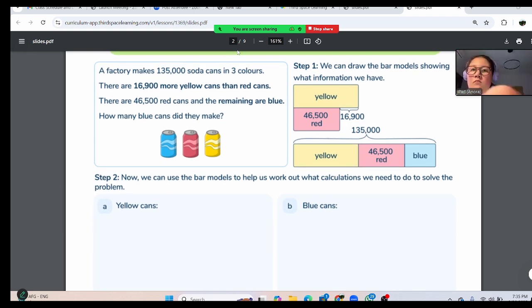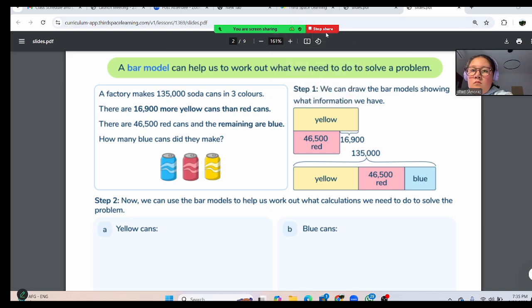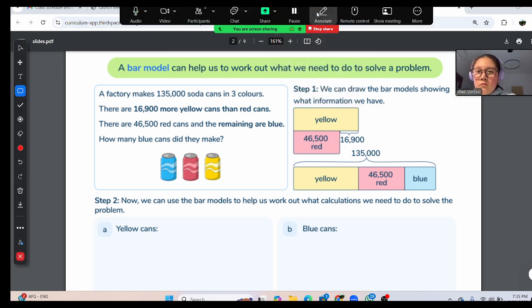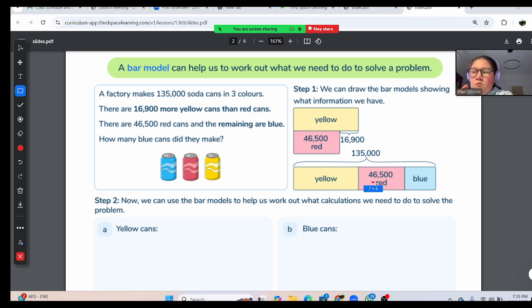Now we can use the bar model to work out the calculation. First step is we need to find the yellow cans. If we know this many red are there, this is the total.